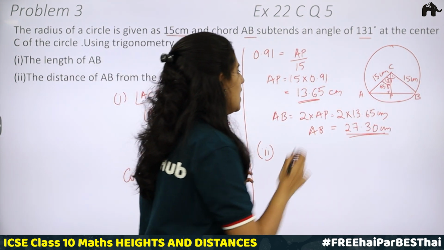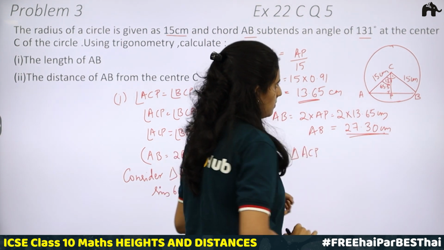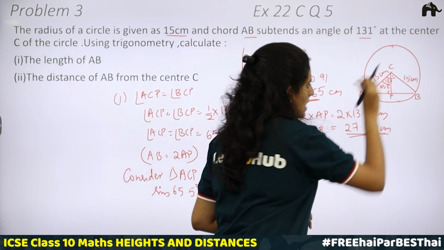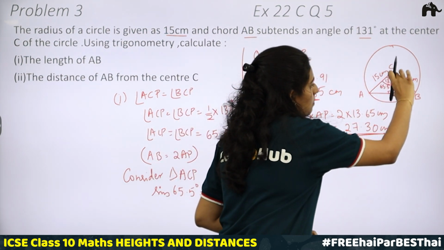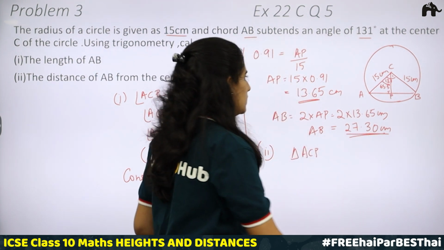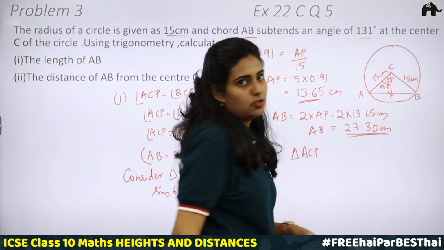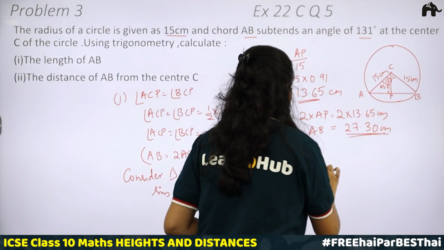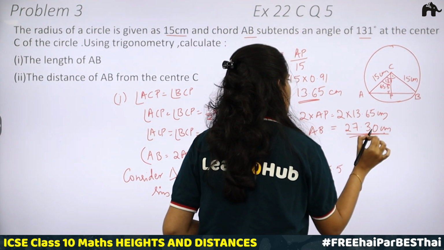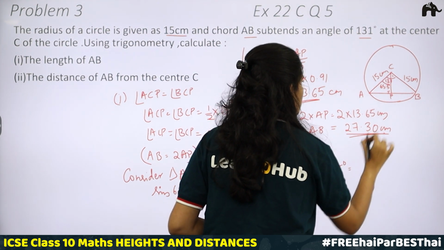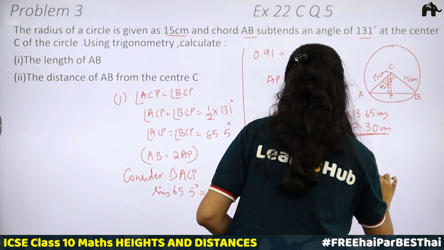How to find CP? Again, consider the triangle ACP. With respect to this angle, we have hypotenuse and CP will be the adjacent side. Therefore, we'll be using adjacent by hypotenuse. Cos of 65.5 degree is equal to CP divided by AC.